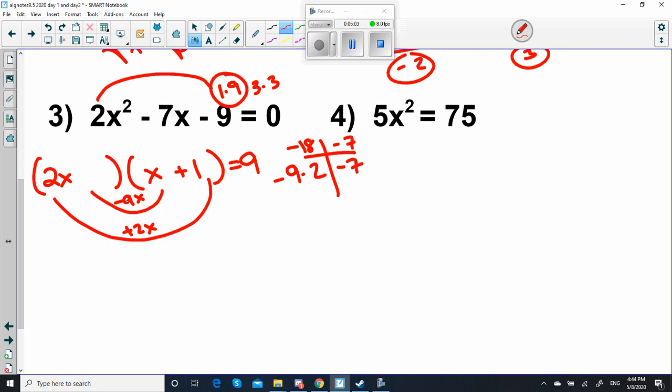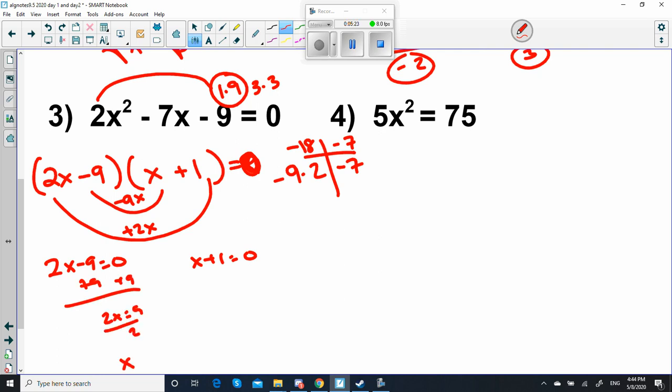And this one's negative 9x, and I've got the x, so I'd have to put the negative 9 there. And that's a 0. It looks like a 9, but it's a 0. Then I just set them both equal to 0. 2x minus 9 equals 0, and x plus 1 equals 0. So add 9 and divide by 2. My first solution is 9 over 2, or 4.5, and my second solution is negative 1. So there are two solutions.